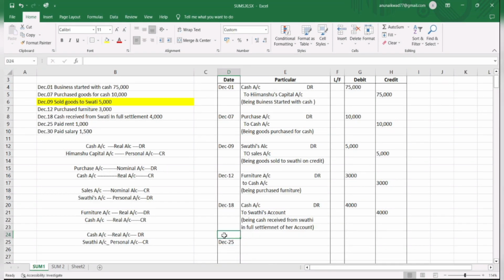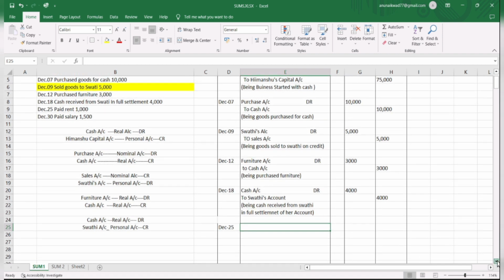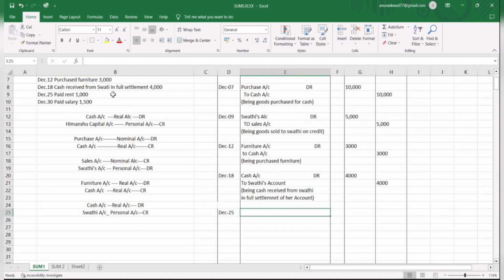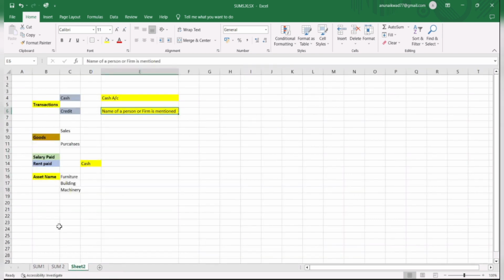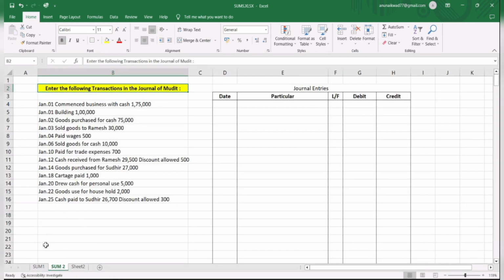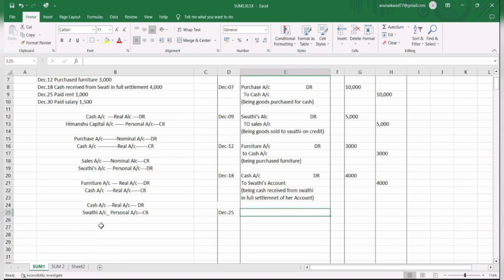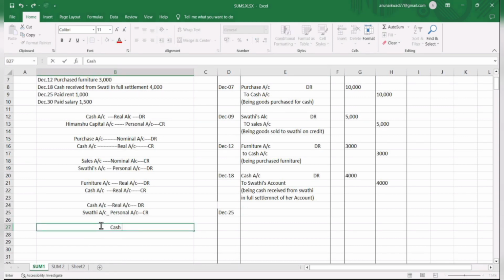Next transaction we have on December 25th, that is paid rent rupees 1,000. We just looked into the points that when paid rent and all everything is there, it is to be of cash account. So cash account, it is paid in cash, so cash account and rent account, correct?